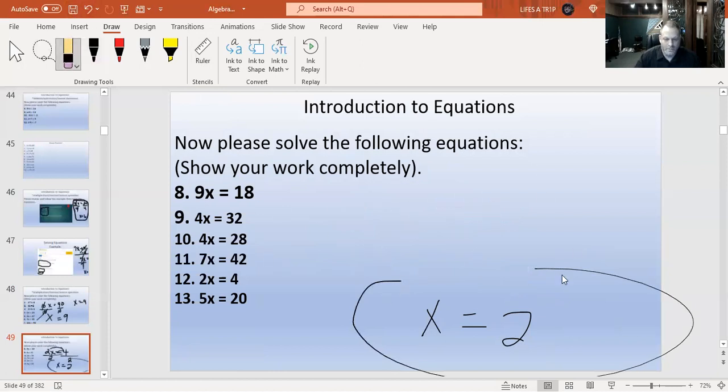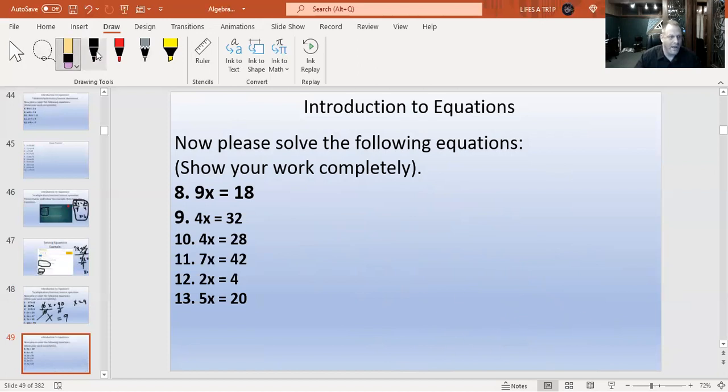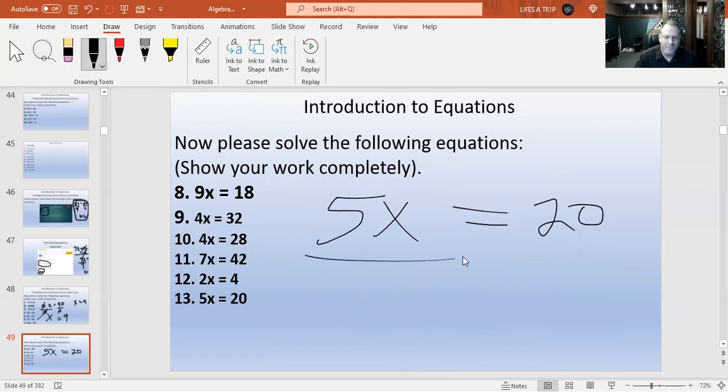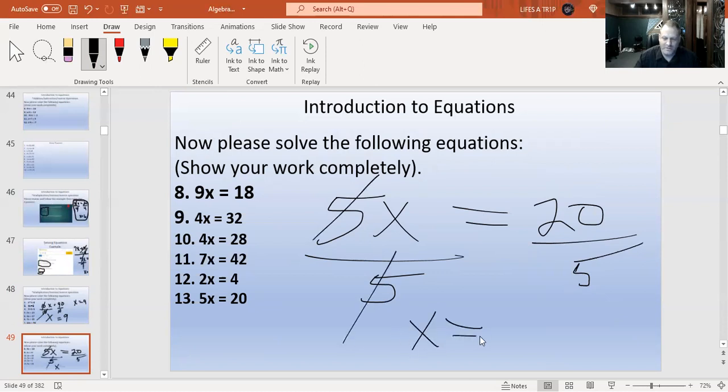And number 13, our last one. All right, divide by that 5 on both sides. Cancellation method, inverse operation. x equals 4, quick math, 5 into 20 is 4.